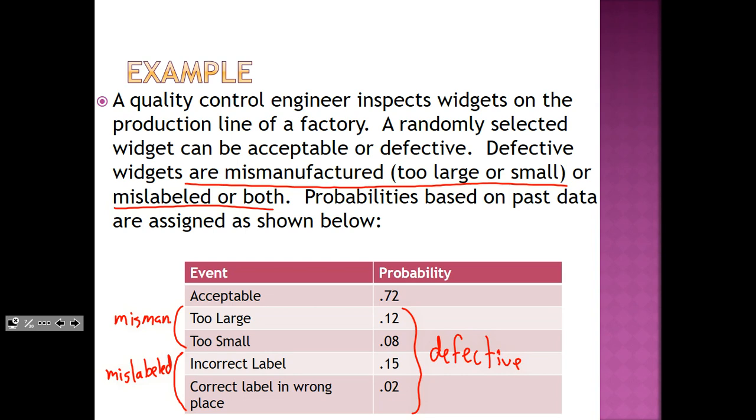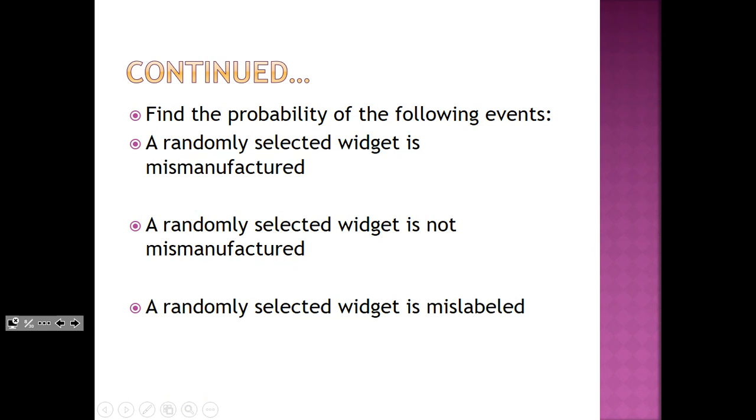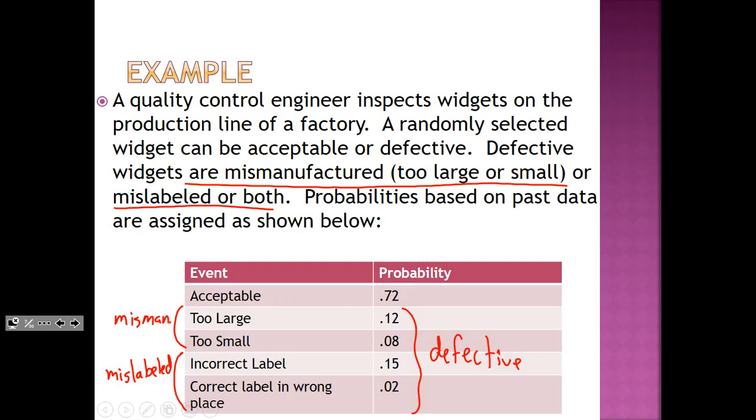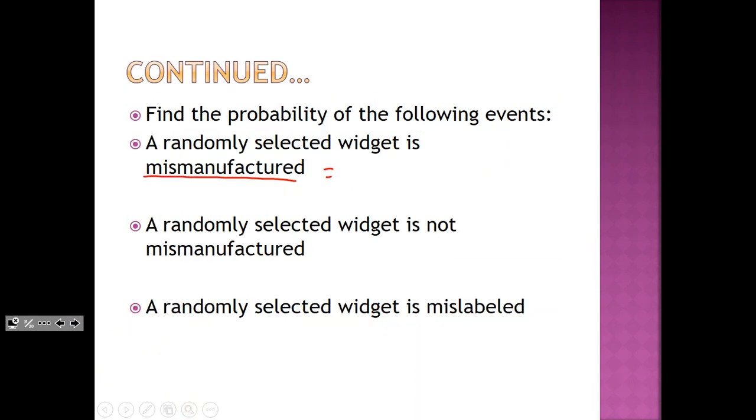So now, if you want to go in and figure out some of these probabilities, probability that a randomly selected widget is mismanufactured. Just go back. After reading carefully, we figured out that's either too large or too small. So you can't have it be both. So 0.12 plus 0.08 would be 0.20. Okay, not mismanufactured.